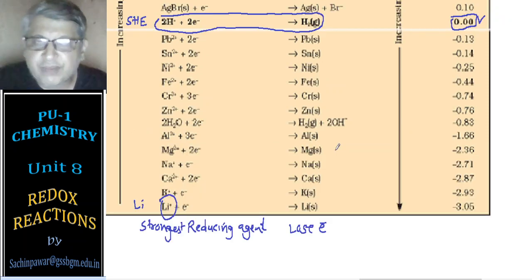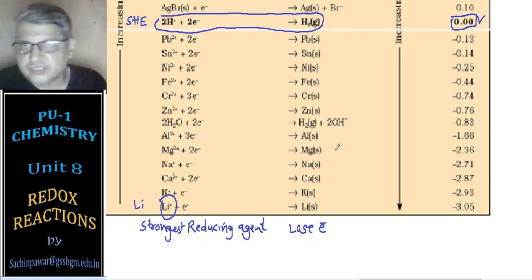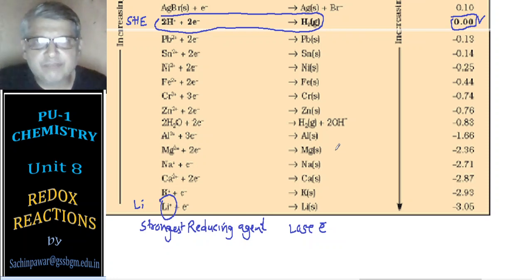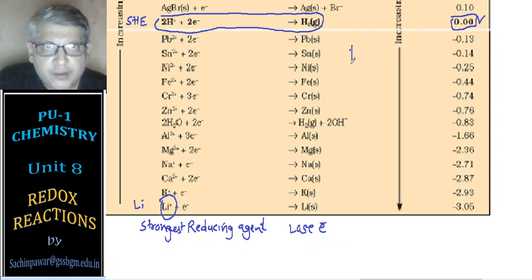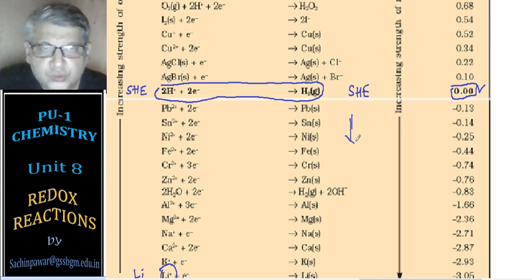So it is very much clear. We have learnt redox reactions and have seen plenty of examples. Just to give an example, the metals which are placed below the hydrogen electrode, below SHE, are strong reducing agents, so they displace hydrogen from dilute acids.